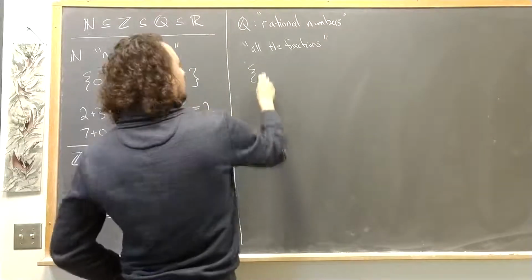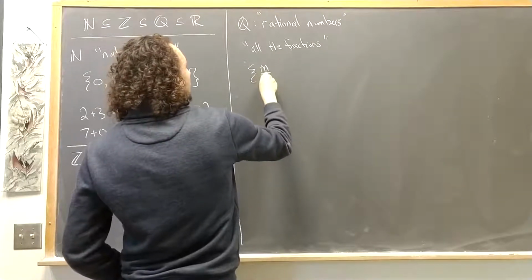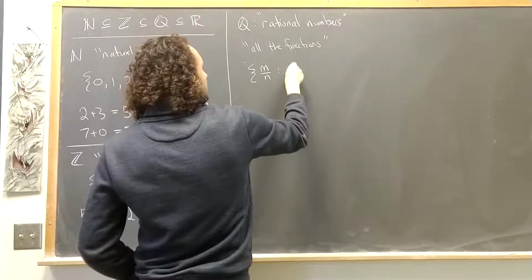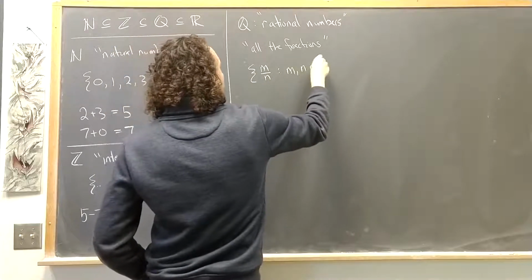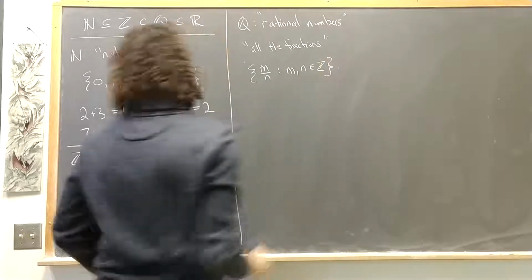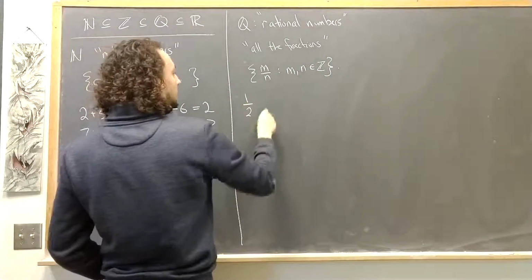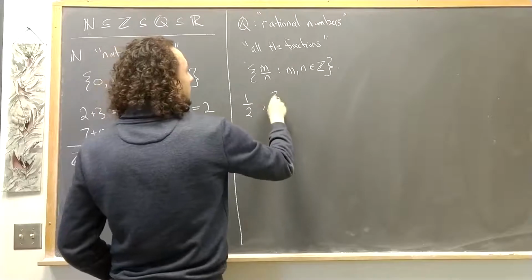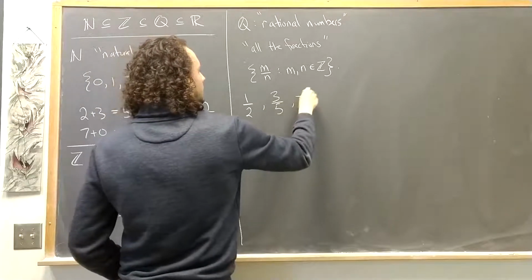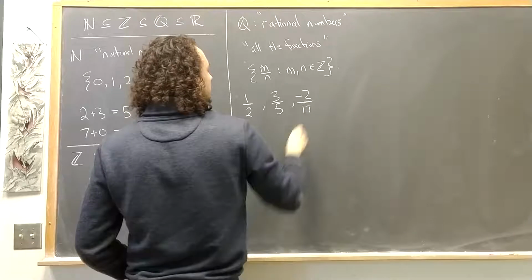And maybe a bit more formally, I can write this as all the m divided by n, such that m and n are themselves integers. So, for example, half is a fraction, so is 3 over 5, so is -2 over 17.